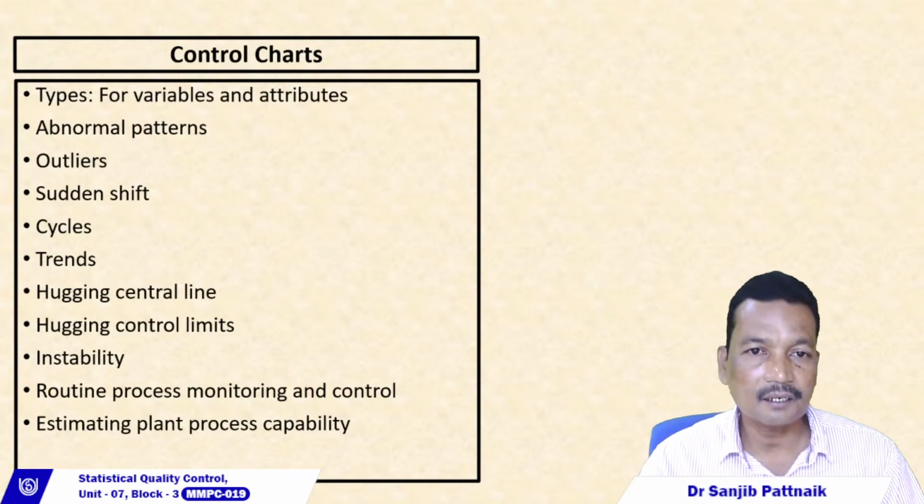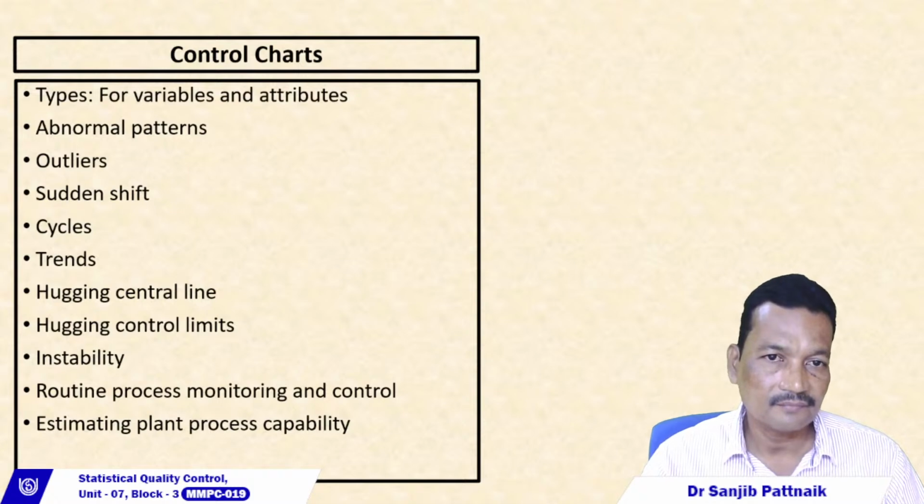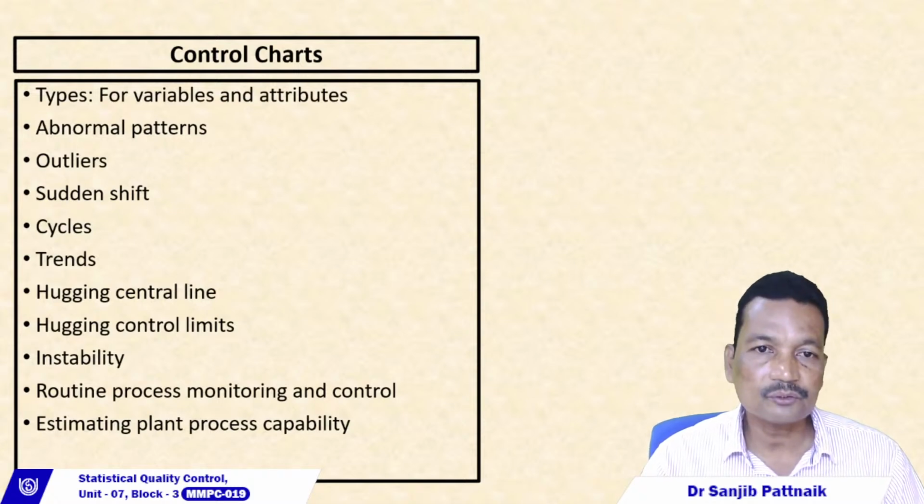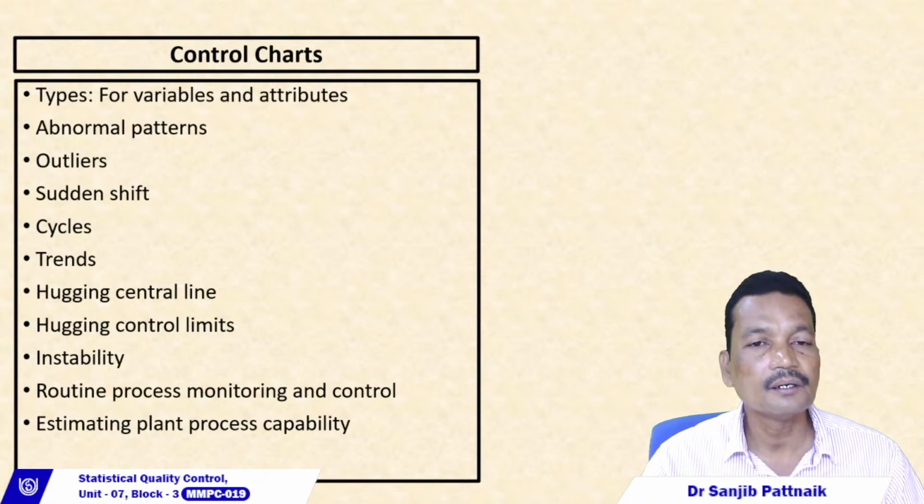One is X bar or mean chart, another one is range chart. And for attributes, we have the proportion defective or P charts.